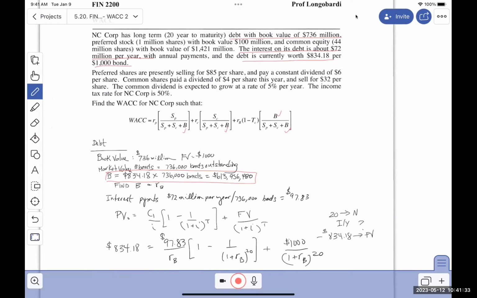The payment, we know what that is. And then we know the face value, and those are both positive. And now we ask to compute interest, and you get the answer.